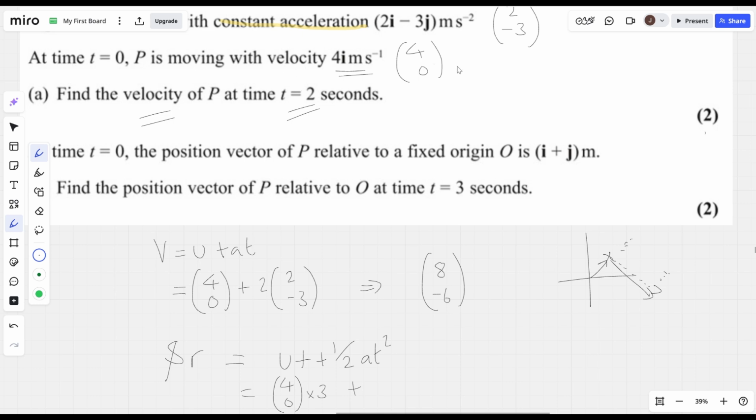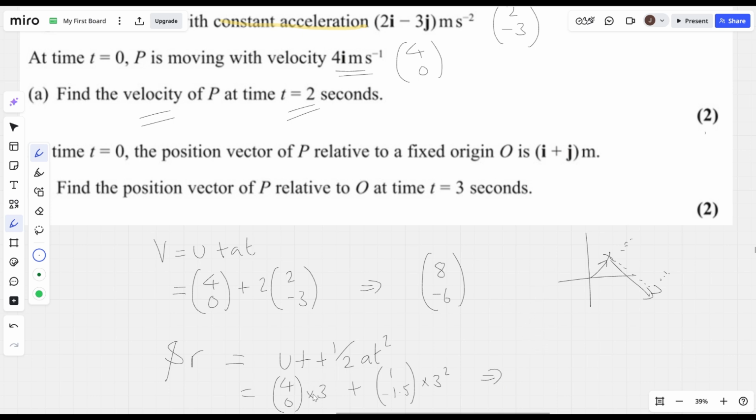So that will be (1, -1.5), something like that. That's the half a. And then the t squared is times 3 squared. If you do this, this should tell you how much it's moved by.